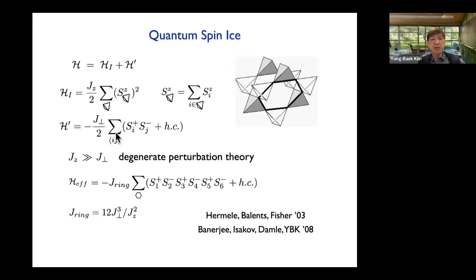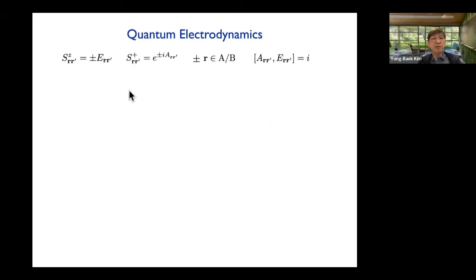In the limit that the Ising coupling is much larger than the transverse coupling, we can do degenerate perturbation theory. Then we immediately generate this ring exchange interaction around the hexagon in the pyrochlore lattice. If you do so, we have this famous mapping between the z component of spin and an electric field, and the raising operator of spin and e to the i vector potential.